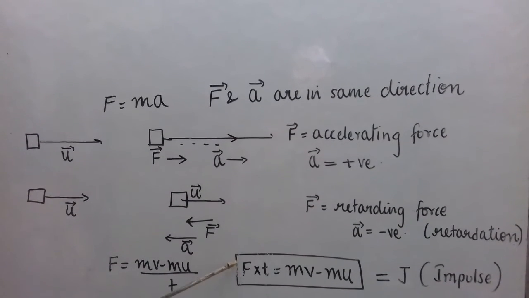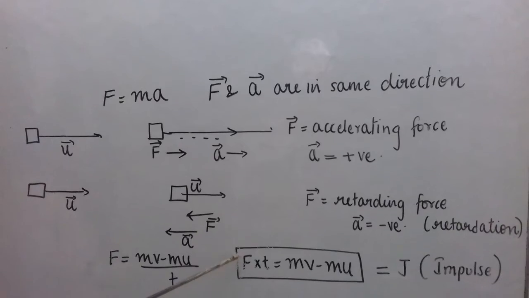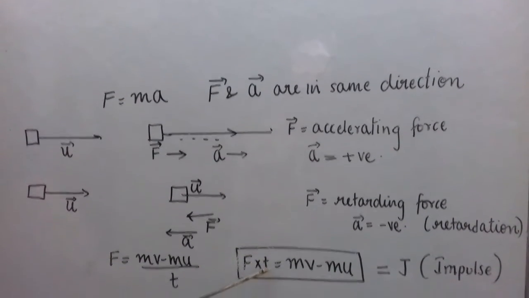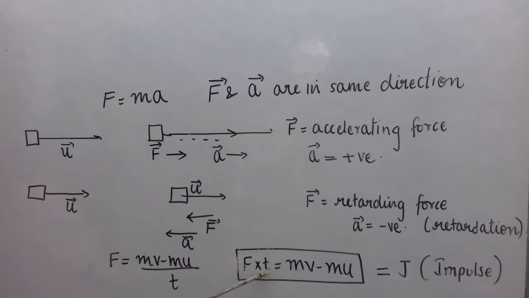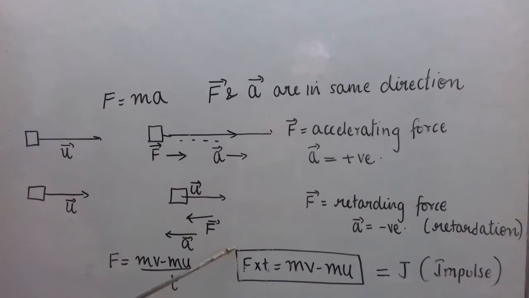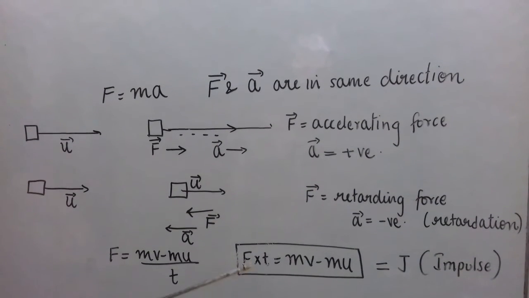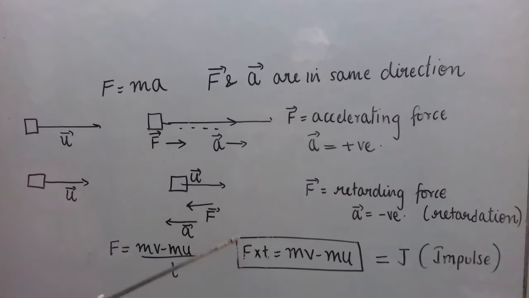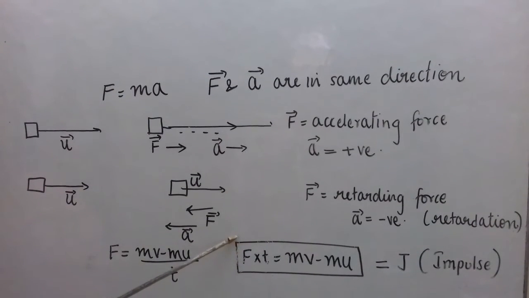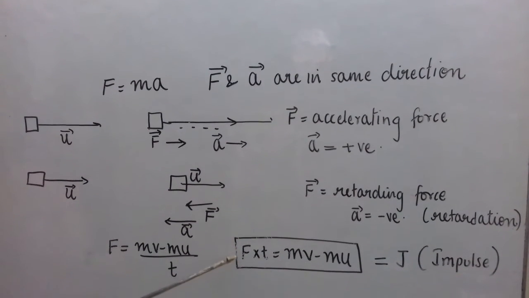But on a cushioned bed or mattress, it is soft, so the time taken by him to come to rest will be increased, and automatically the force applied on him by the surface will be reduced. So chances of getting injured are less.